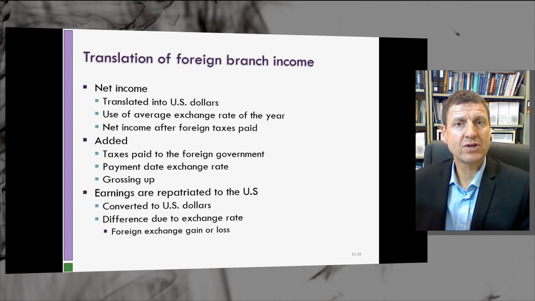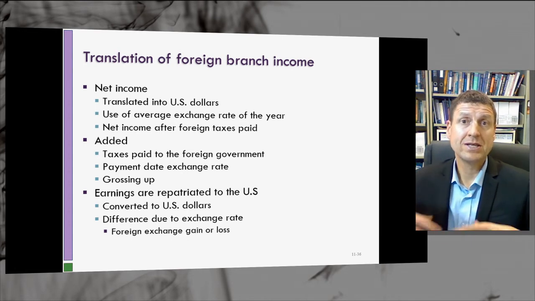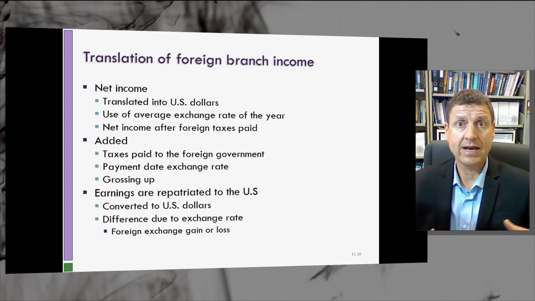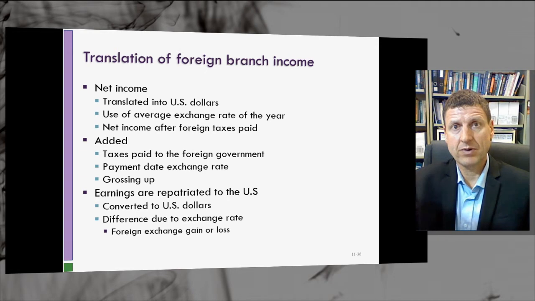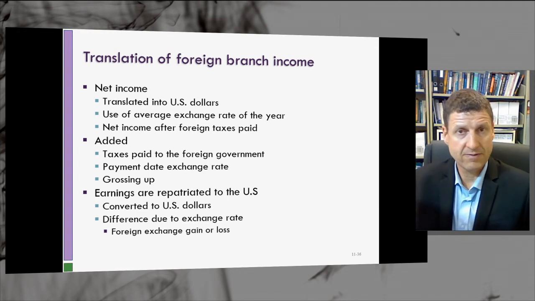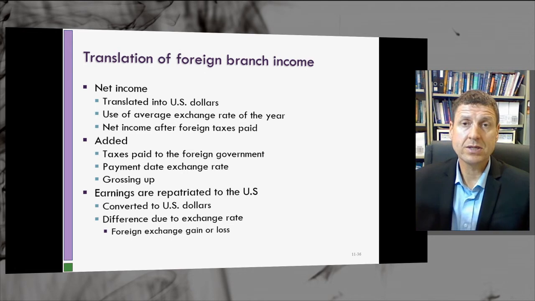And as much as I want to go into detail on this, I won't at this part. So, the translation of foreign branch income. I'm not going to go into too much detail here, but just to reiterate what we covered in previous weeks, as we want to translate foreign account statements into the domestic currency in order to report GAAP income in the US stock market, we need to do the same if we have to pay tax on foreign earned dividends or foreign earned income of a branch or losses of a branch.